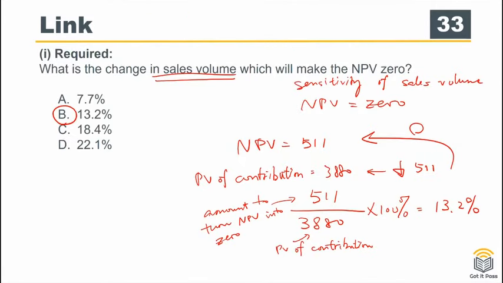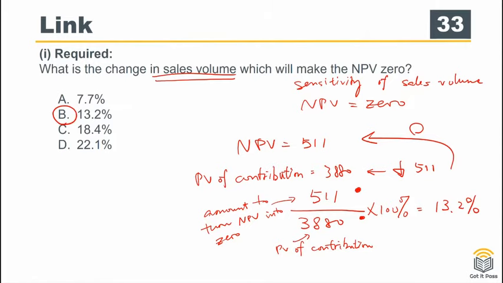So here we apply the formula, the amount to turn NPV into 0 here, and then divided by the present value of contribution. We got 13.2% as the sensitivity in sales volume to make NPV 0.